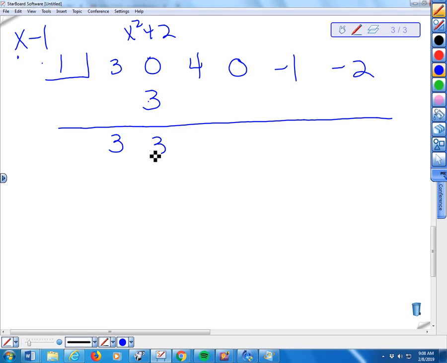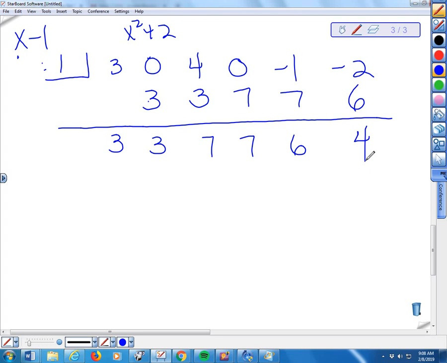Then I'm going to take 3, multiply it by 1, put it in this column, and add the two numbers, 7. Take 7, multiply it by 1, add it here, add these two numbers. Take 7, multiply it by 1, put it here, add these two numbers. Take 6, multiply it by 1, put it here, add these two numbers.